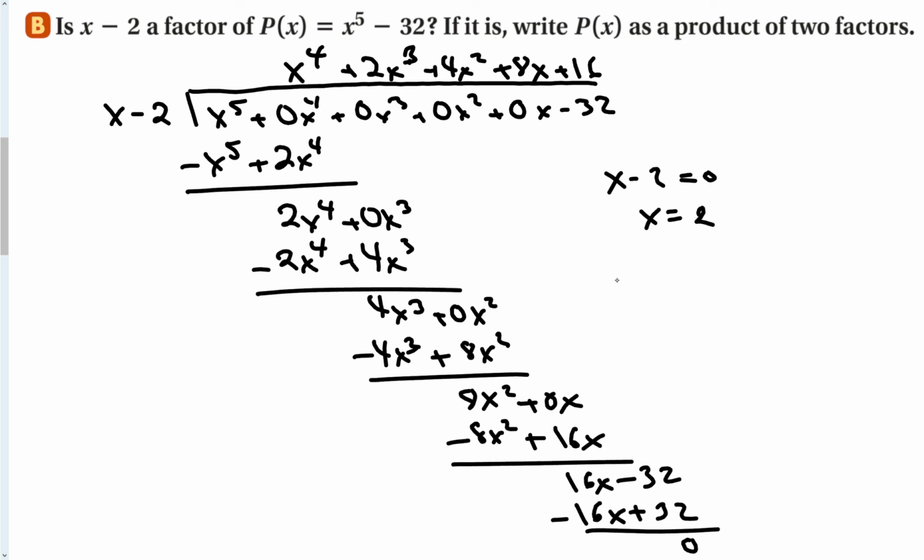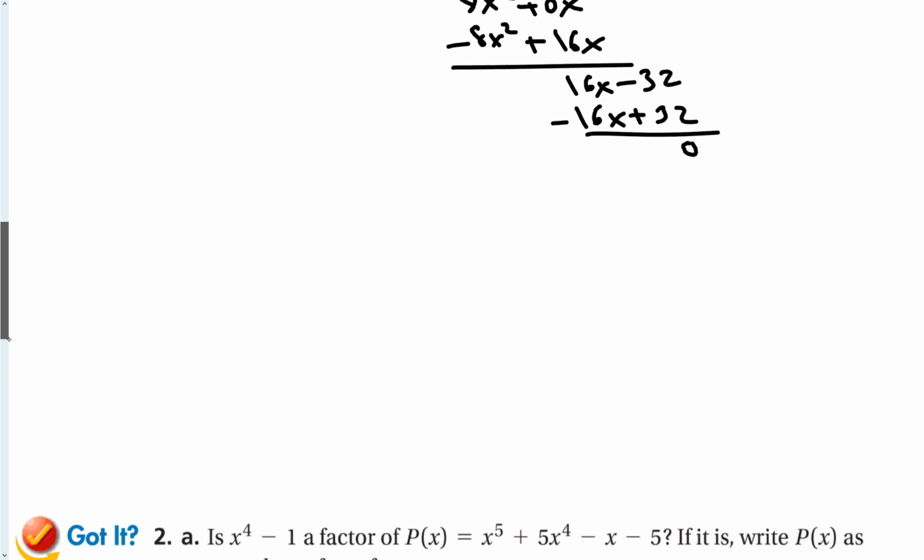We can say what is p of 2, and in this case it would be 2 to the fifth minus 32, which is 0 as well. So this is a quick way to tell if something is a factor, but it didn't give me my other factor. So we needed to use long division to figure that out.